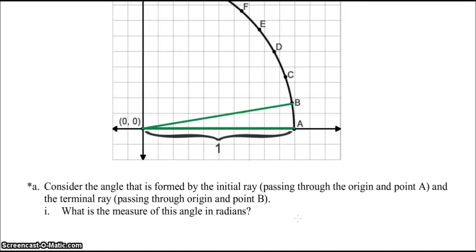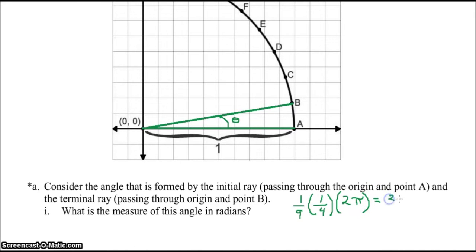Well, radians tells us what percentage of the circle's circumference the arc subtends. And what we have is 1/9 of a fourth of the entire circumference, which is 2 pi.